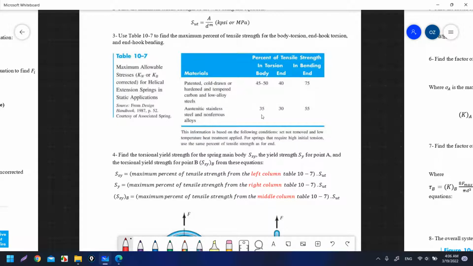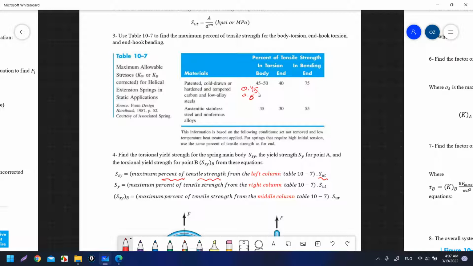So this table contains 3 columns. The left column is for the body, for the coils. In order to get the yield strength for the coil, you have to multiply this value. You either take 0.45 or 0.5, divided by 100. Don't take 45 exactly, you take the percentage. That's the percentage of the tensile strength, SUT. We will see how we can find ultimate tensile strength in a moment.